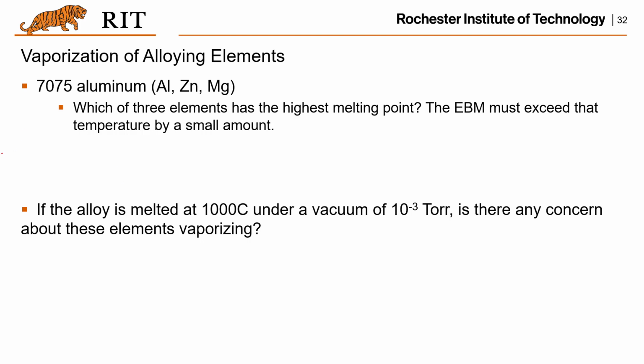And let's say this alloy is melted at 1000 C in a vacuum of 10 to the power of minus 3 torr. Is there any concern about the vaporization of the three elements?